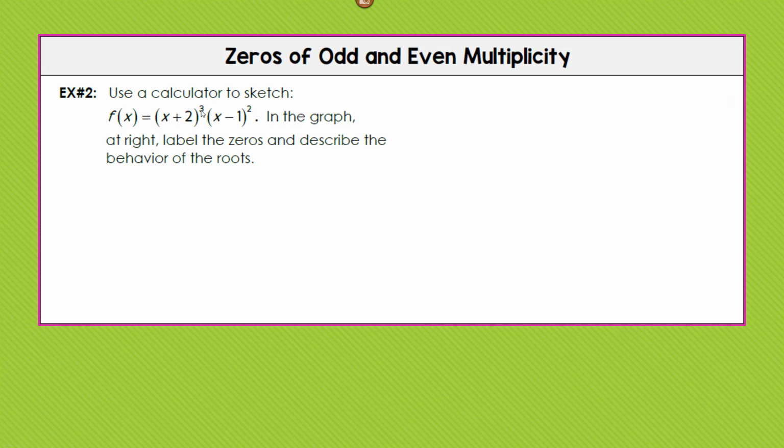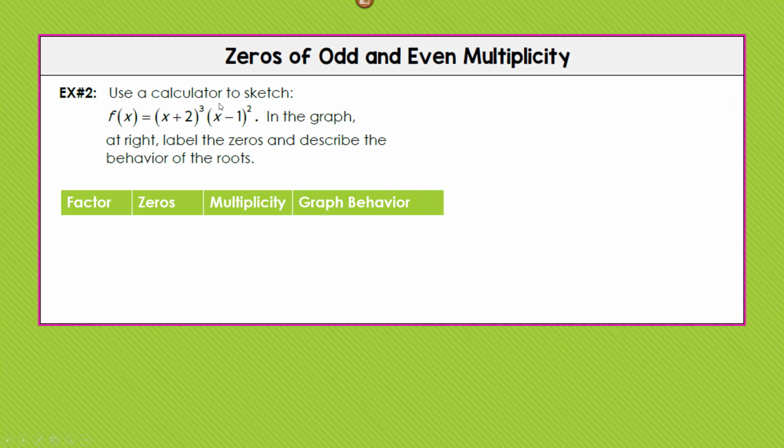We're going to look at the factor: x plus 2 corresponds to a 0 of x equals negative 2. The multiplicity is odd, and so based on what we were told, we can expect that we will cross the x-axis at negative 2, 0. We're going to actually cross it.